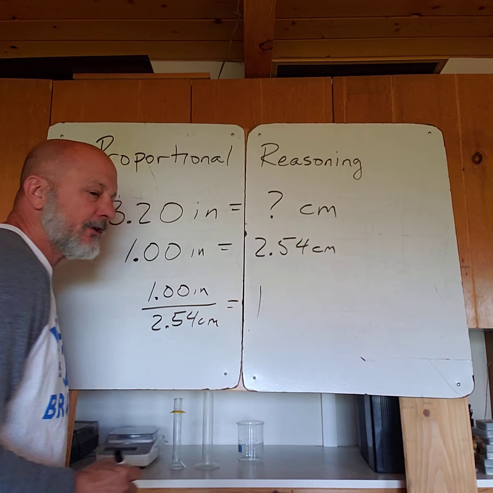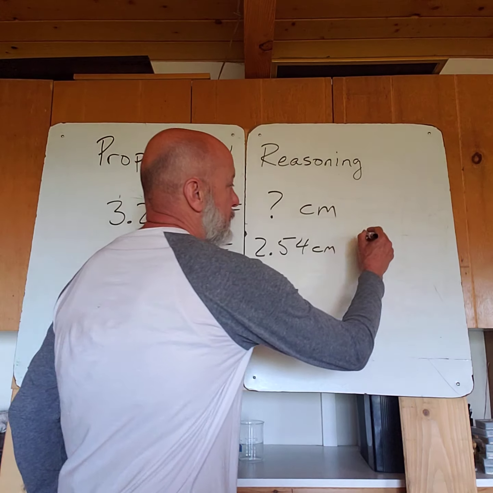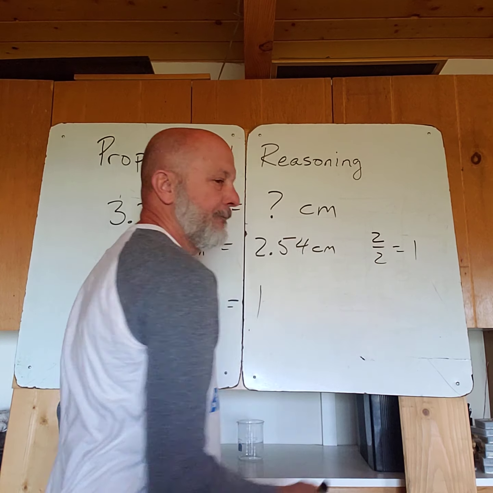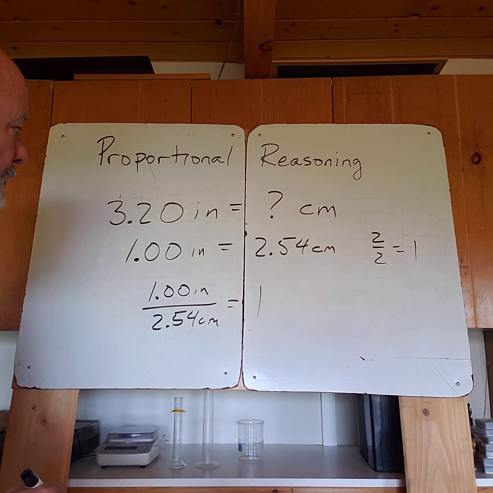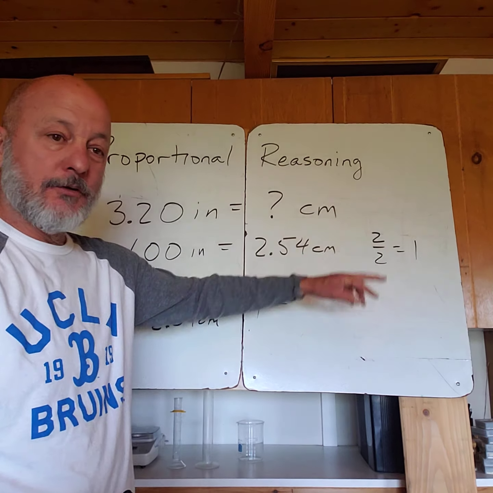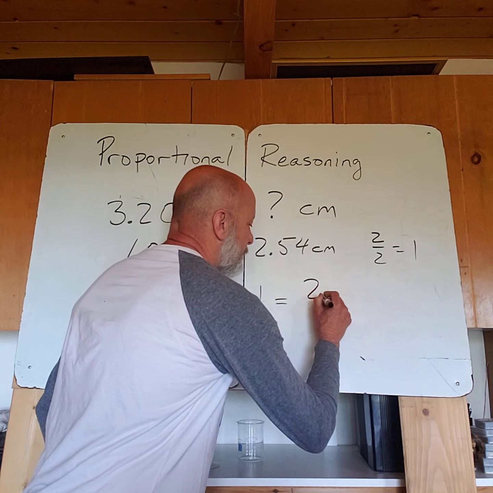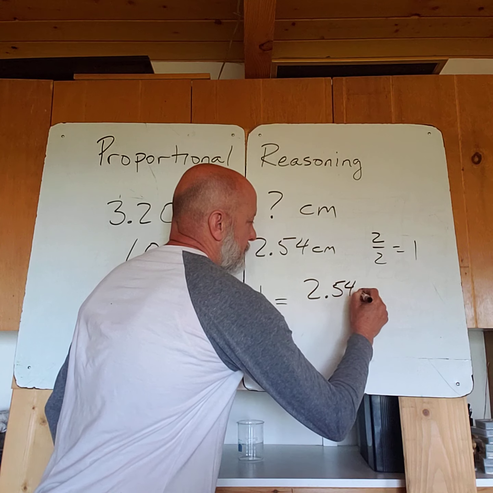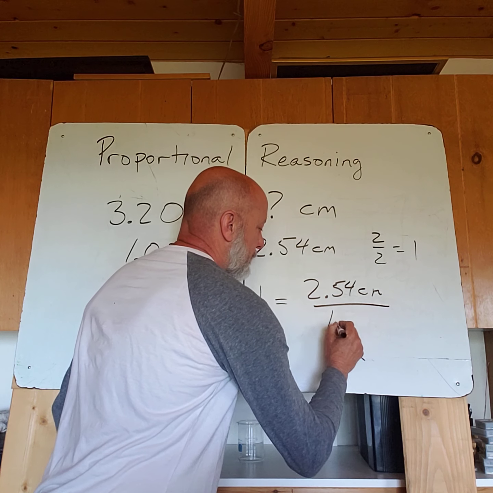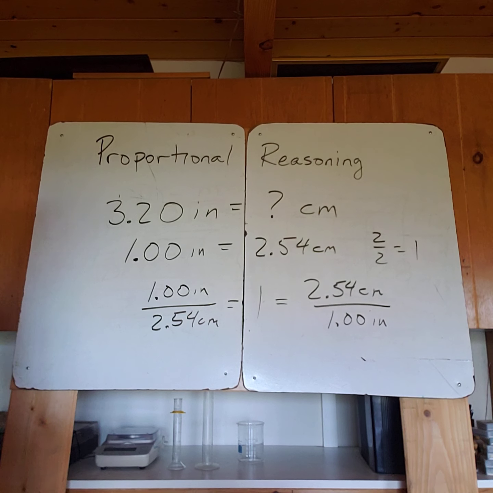Since they're equal, it's equal to 1. If I put one over the other, two equal things, 2 over 2 equals 1. And because they're equal, it doesn't matter which I put over which. 2.54 centimeters over 1.00 inch equals 1.